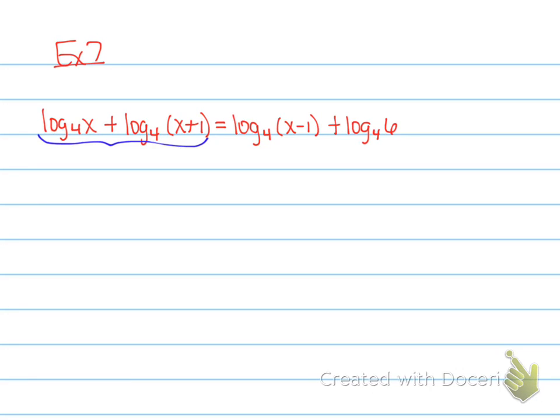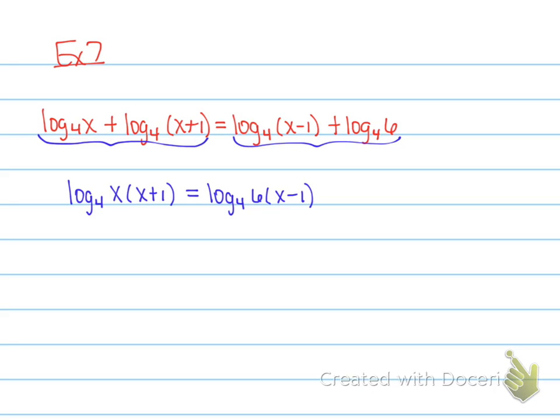And remember, when we're adding them, we can combine them by multiplication. So I'm going to combine this left side. So this is log base 4 of x times (x plus 1) equals, and the same thing over here, I'm going to combine these. So this is log base 4 of (x minus 1) times 6, but I'm going to put the 6 first.